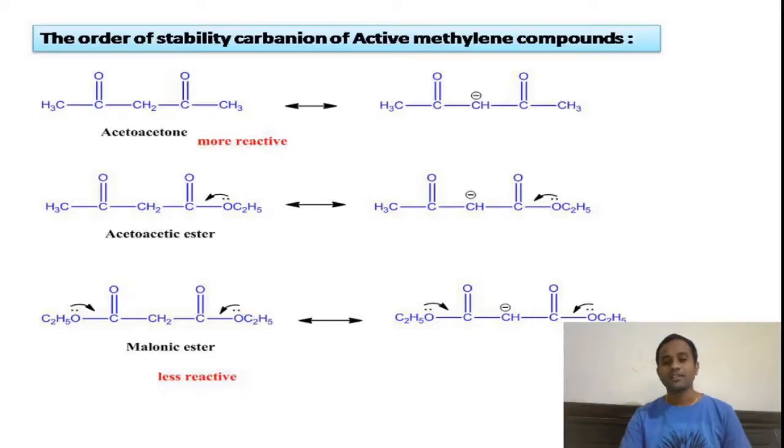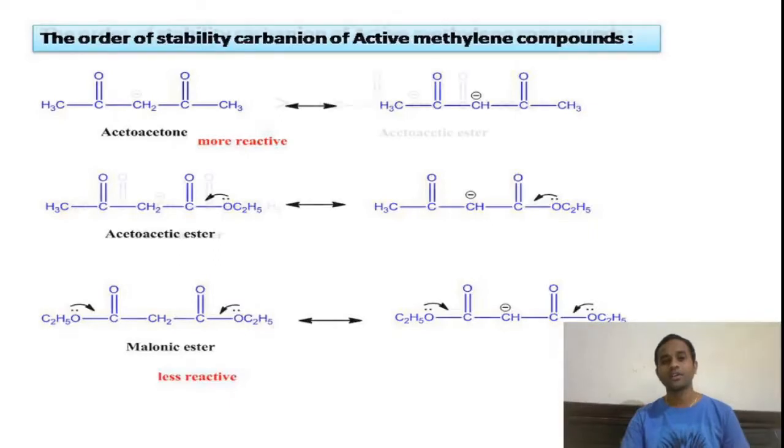So in unionized form malonic esters are stabilized, they are less reactive, and it is difficult to remove protons in presence of base. Whereas acetoacetone is more reactive, because in the unionized form it is not resonance stabilized; in ionized form, that is, as the carbon anion, it is stabilized, right?